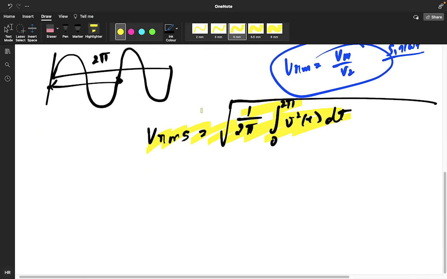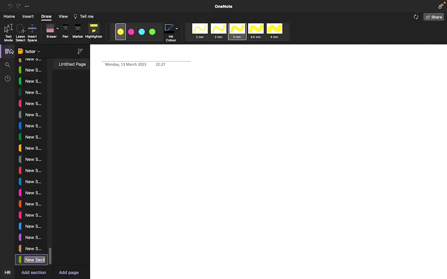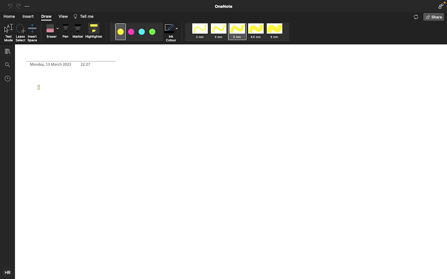Now I will ask you, what is the average value? So if anyone asks you the actual meaning of RMS, what do you have to say? The full form of RMS is root mean square. And what is the definition of the RMS value? It is defined based on the heating effect.